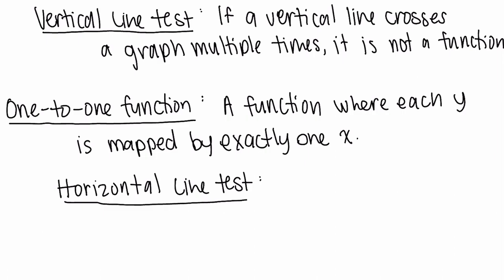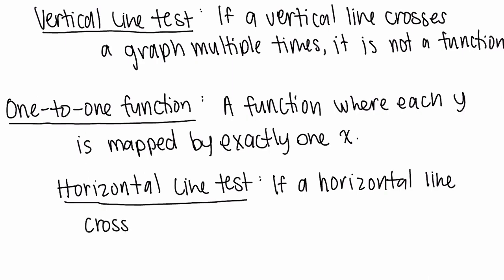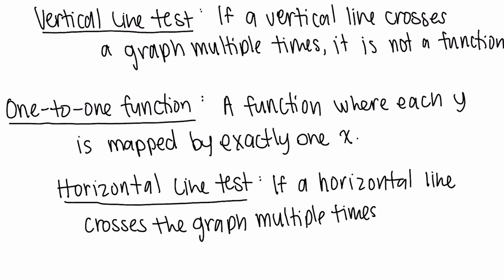This says that if a horizontal line crosses the graph multiple times, it's not one-to-one. It's the same kind of thing as the vertical line test, we're just now looking at horizontal lines.